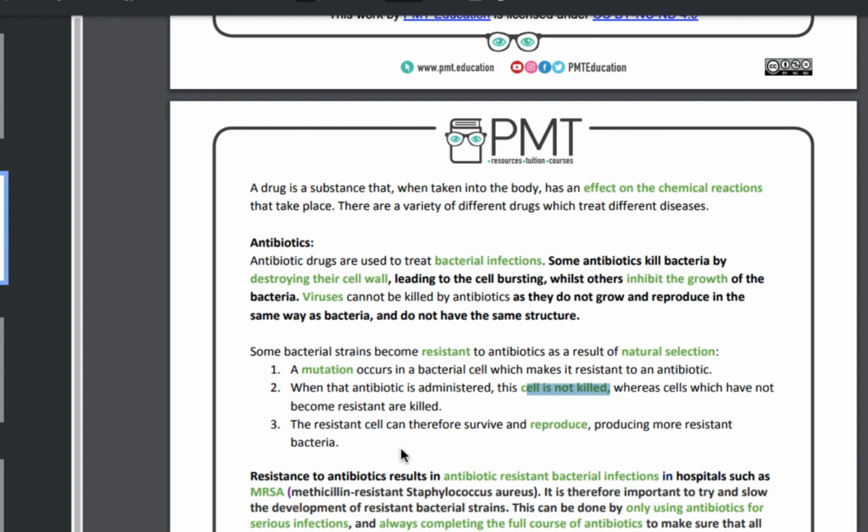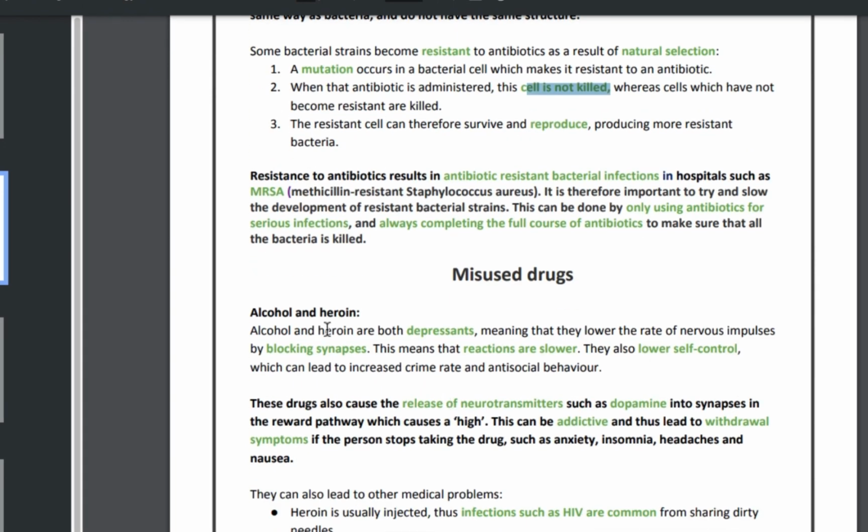Now the resistant cell can therefore survive and reproduce, producing more resistant bacteria, which is far more dangerous for you. We've mentioned MRSA as one of the resistant ones. So resistance to antibiotics results in antibiotic-resistant bacterial infection.